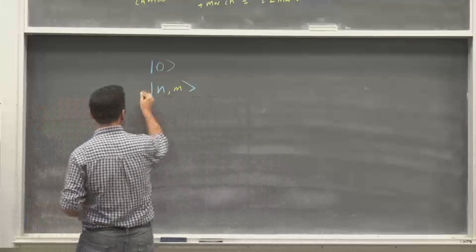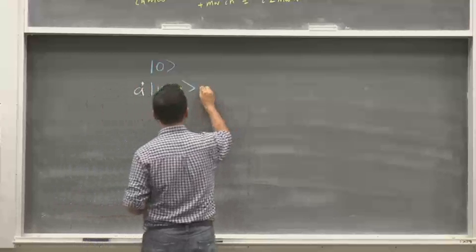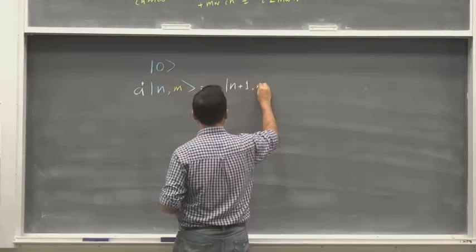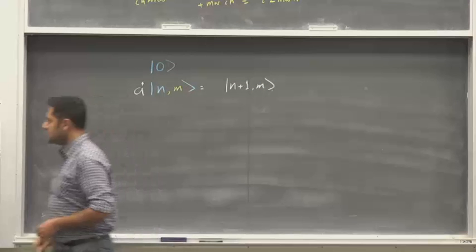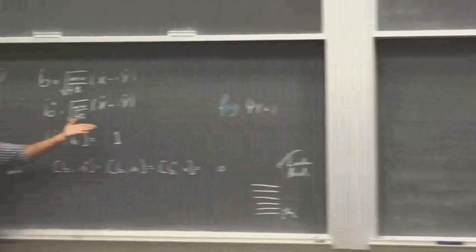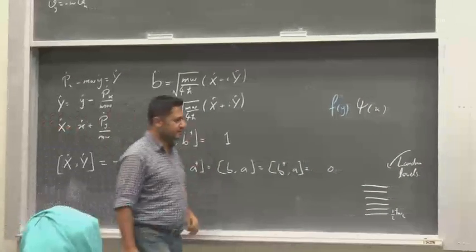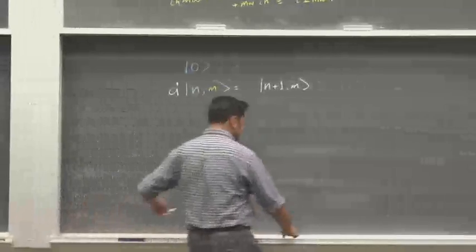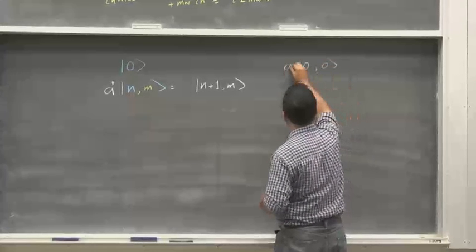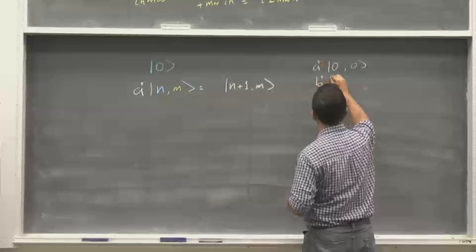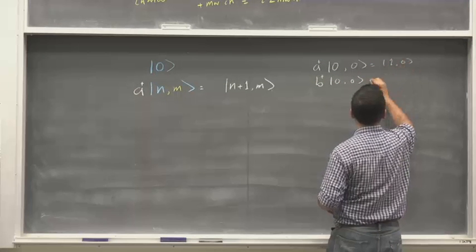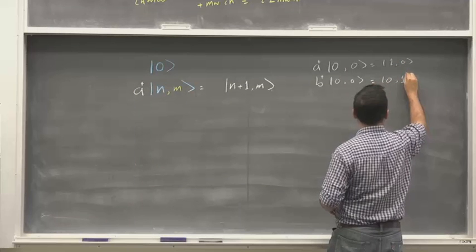And what happens is a dagger changes it to 1 plus 1, because this set also exists. So I can have it act on my Hilbert space. My complete Hilbert space starts from here. Both of them can act. This raises this one by 1. This raises this one by 1.